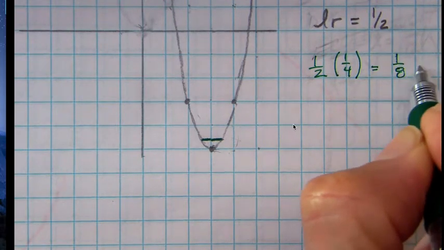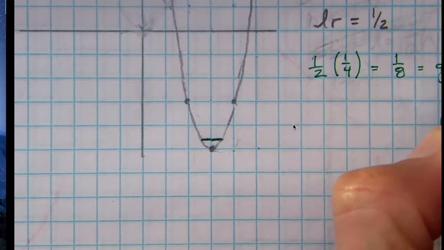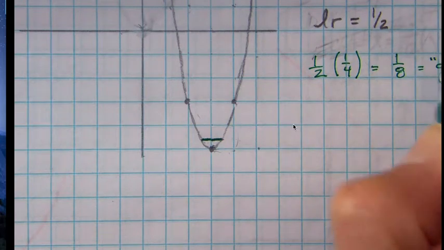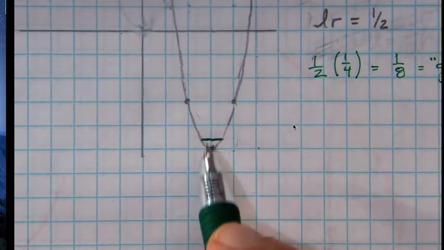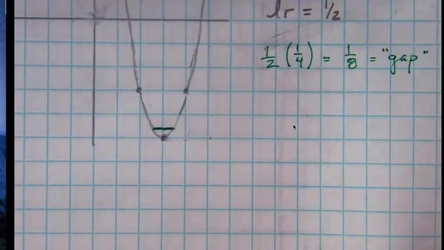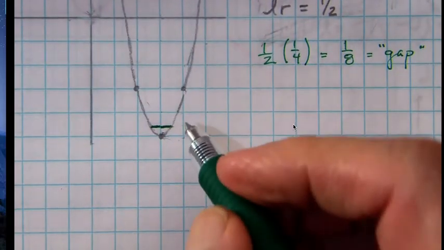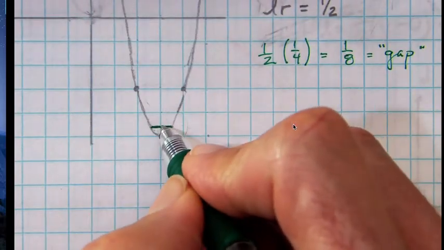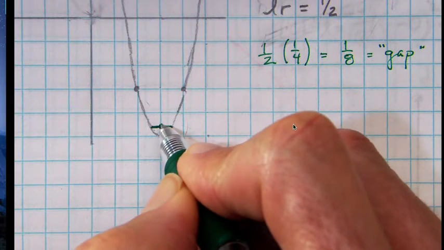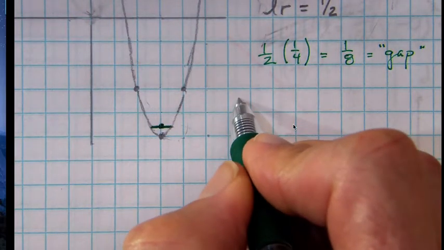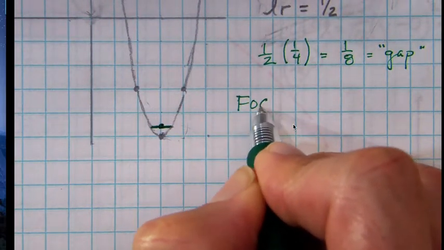So that little gap between focus and vertex is only 1/8 of a unit. So that means I can now pinpoint the position of the focus, the focal point.